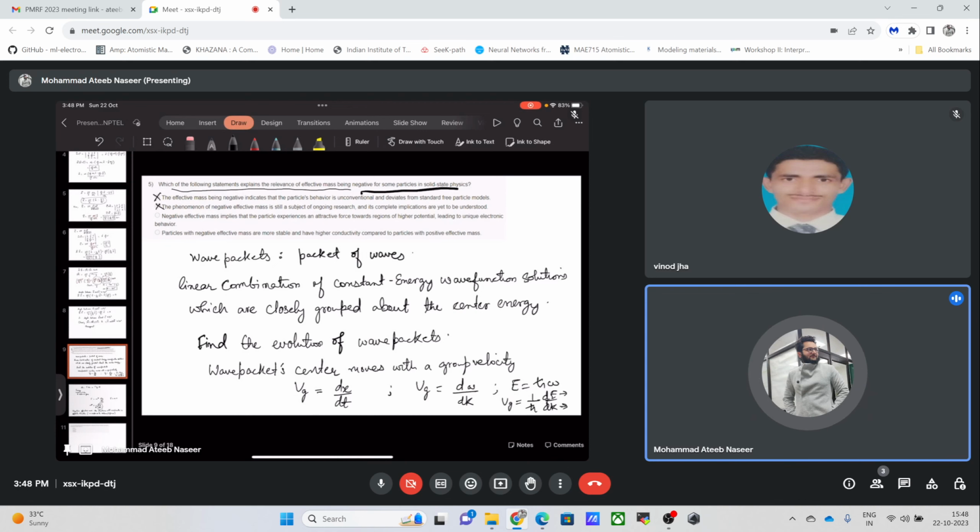So the behavior of these negative effective mass particles will be opposite to that of the conventional particles that we have been dealing with.